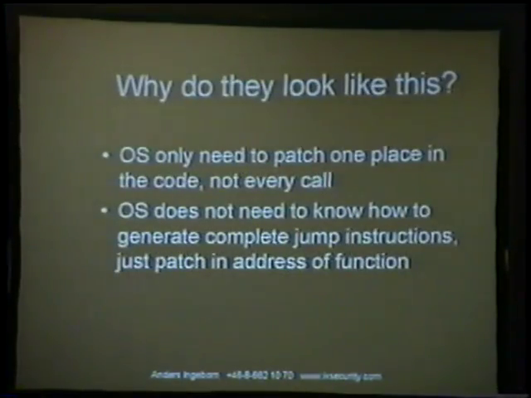And the reason why they look like this is for the operating system to only need to patch one place in the code and not every call, and also so that the operating system does not need to know how to generate complete valid jump instructions, but rather patching a simple address into the code.